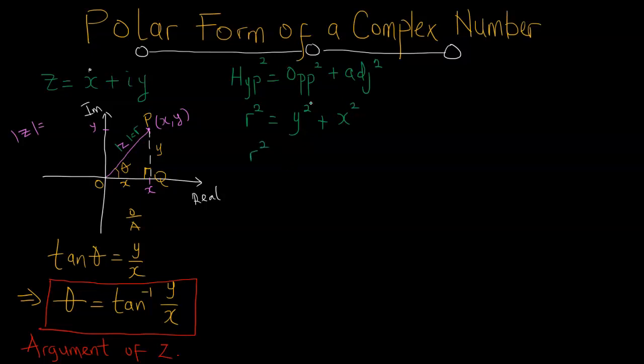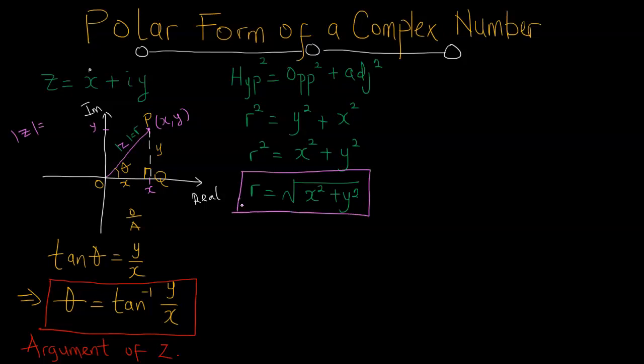By convention, I always like to have the x before the y. So r squared equals x squared plus y squared. If we take the square root of both sides, r is going to be equal to the square root of x squared plus y squared. This is called the modulus of the complex number.